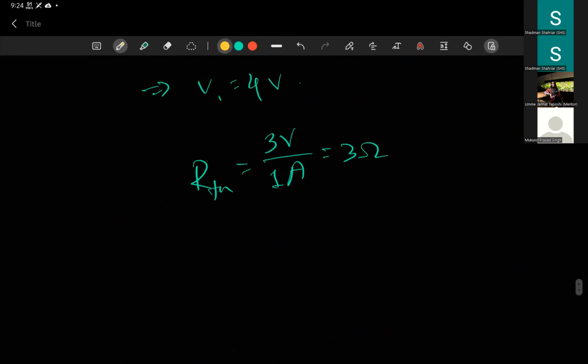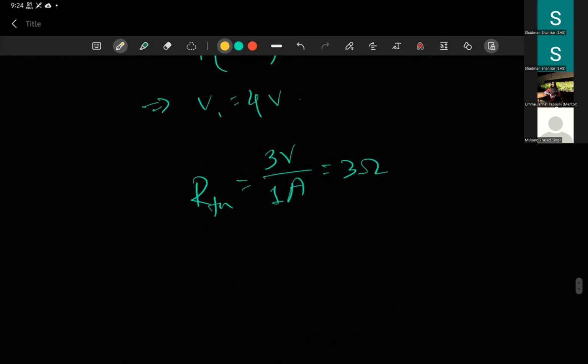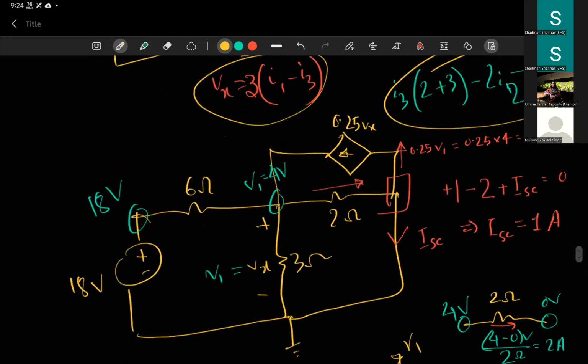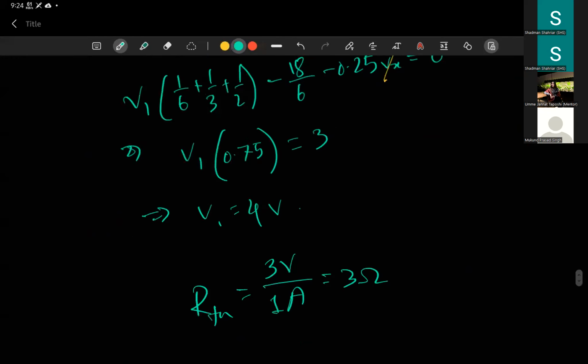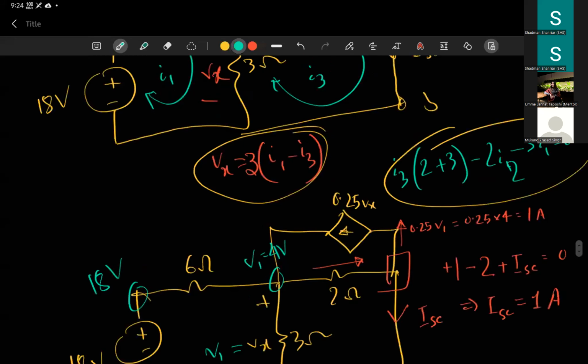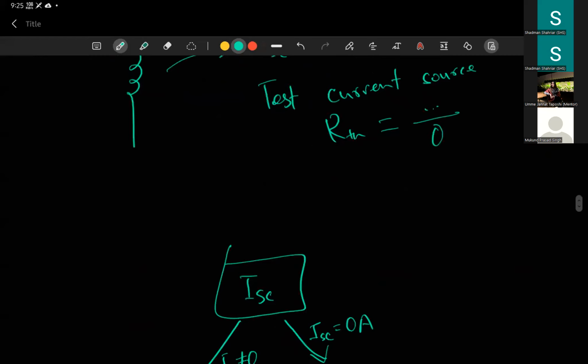If you find your VOC and ISC, then you can find RThevenin for this problem. If you didn't find the VOC to be non-zero, for example, if your VOC was 0, like the other set, then you have to do a test current. So for example, modify this circuit.